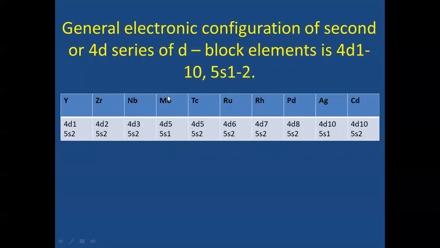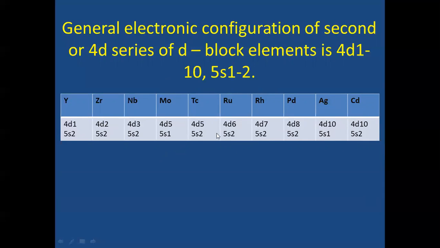Coming to molybdenum, the problem arises again, as we saw with chromium. In the case of chromium we wrote 4s1 3d5, and similarly for molybdenum we write 5s1 4d5. Similarly, for silver we write like copper, 3d10 4s1; here for silver, 4d10 5s1.